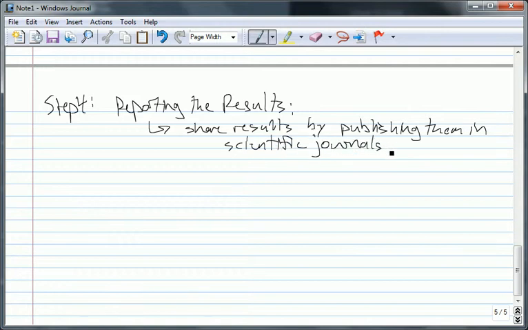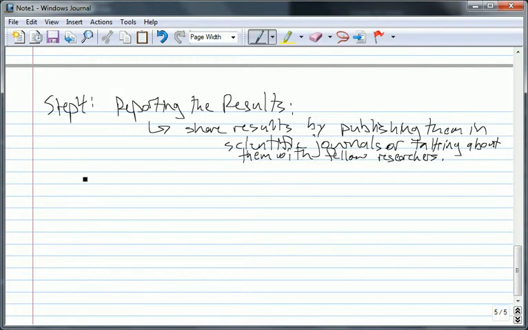Or in our case, in this class, the way we will do it most often is by talking about them with fellow researchers, or in our case, fellow students.